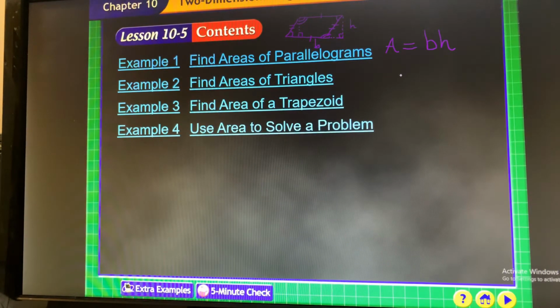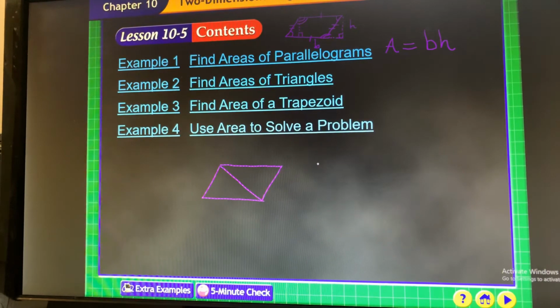Area of a triangle, there are lots of different kinds of triangles. So you will always look for the base and the height of a triangle. Now, think about a triangle. So if I have a parallelogram like this, and if I take that parallelogram and I cut it in half, I have a triangle.